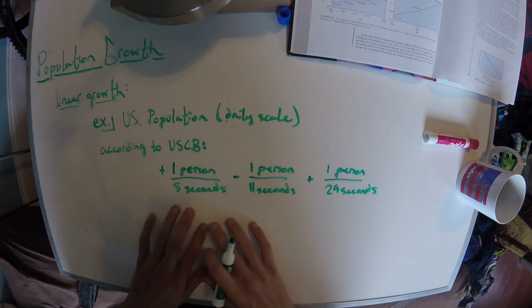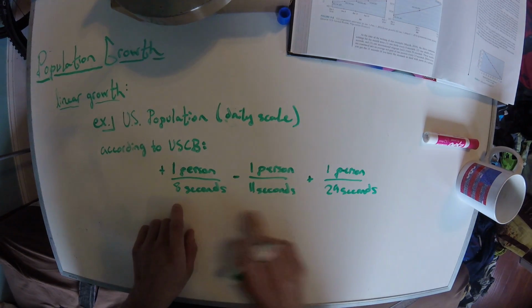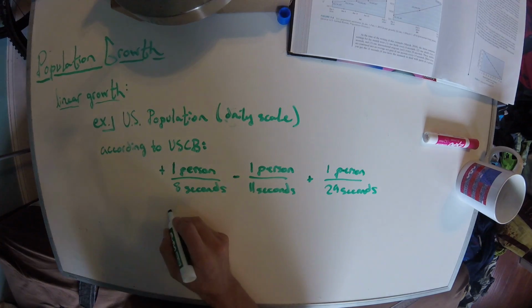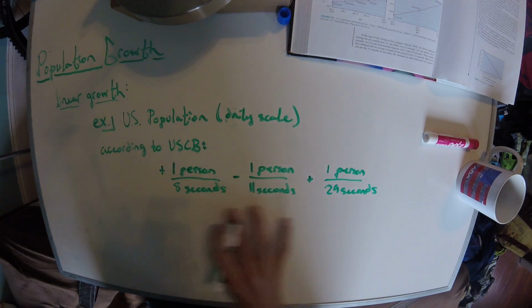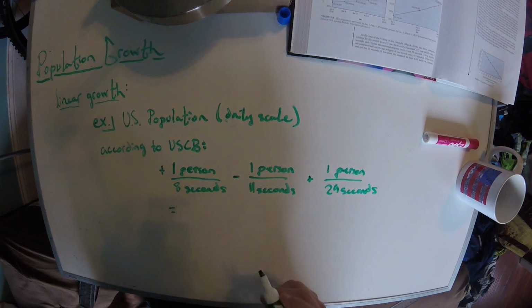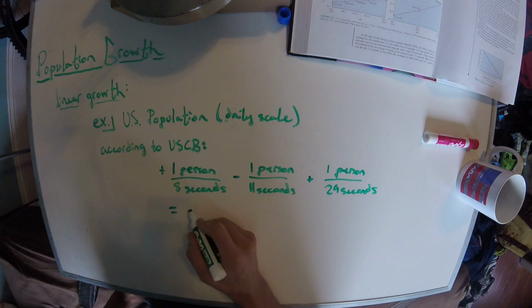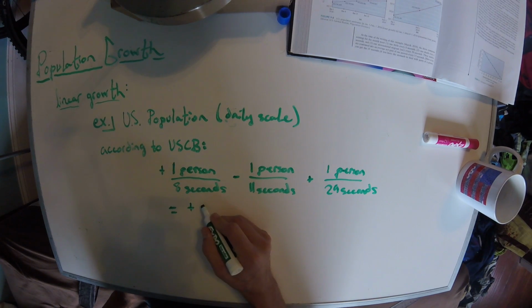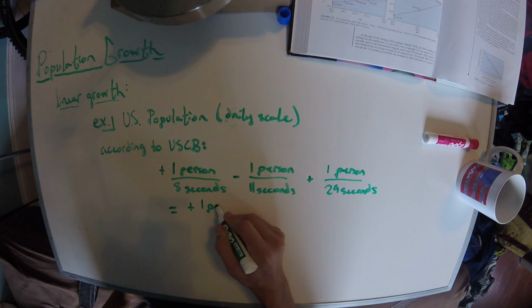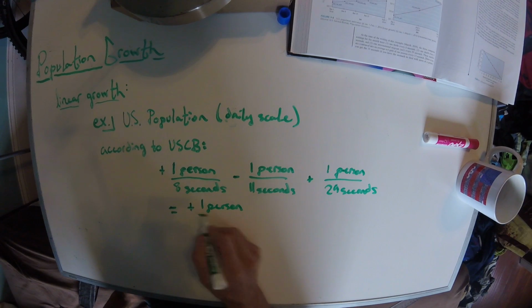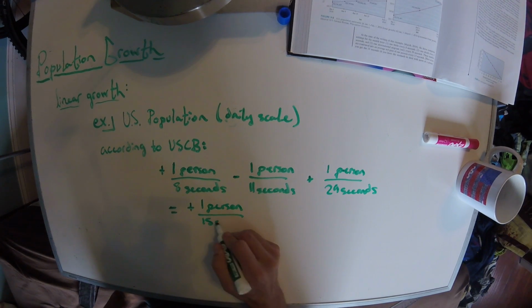And now just to add these together, we just need to come up with common denominators for all of them. And a good one for these leads us to the following answer. We have a net gain of one person every 15 seconds.